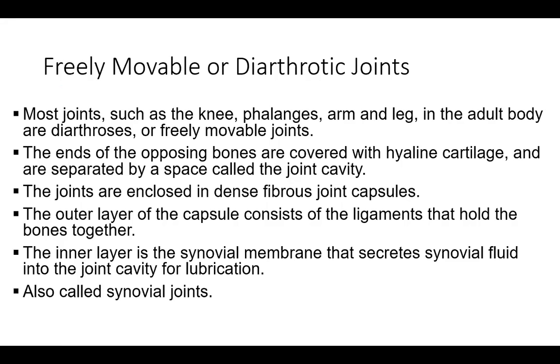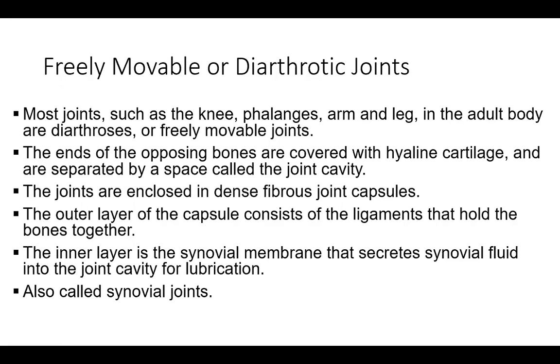There's a space in between the bone ends called the joint cavity, and the joint cavity is covered by a capsule made out of dense connective tissue and filled with a fluid. We have what's called synovial fluid in here. It's sort of like a gel that lubricates the space between these two articulating bones at a freely movable joint.